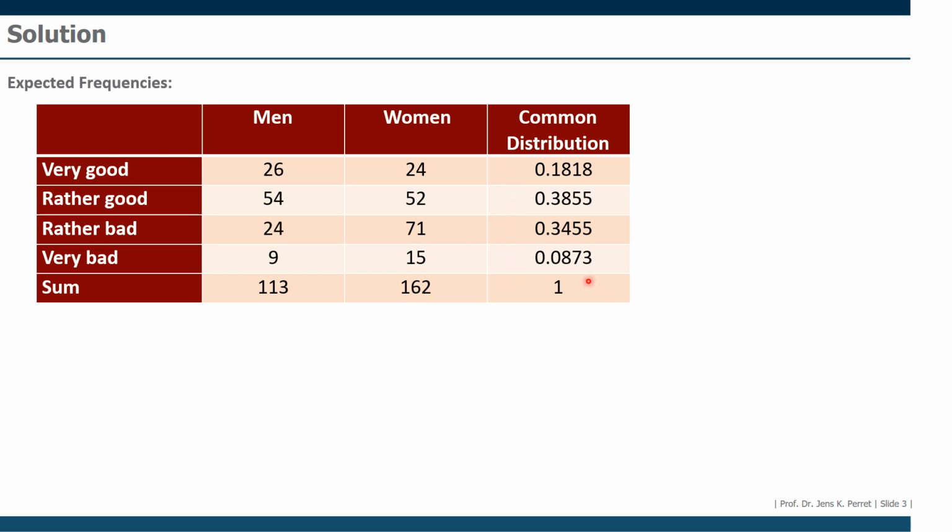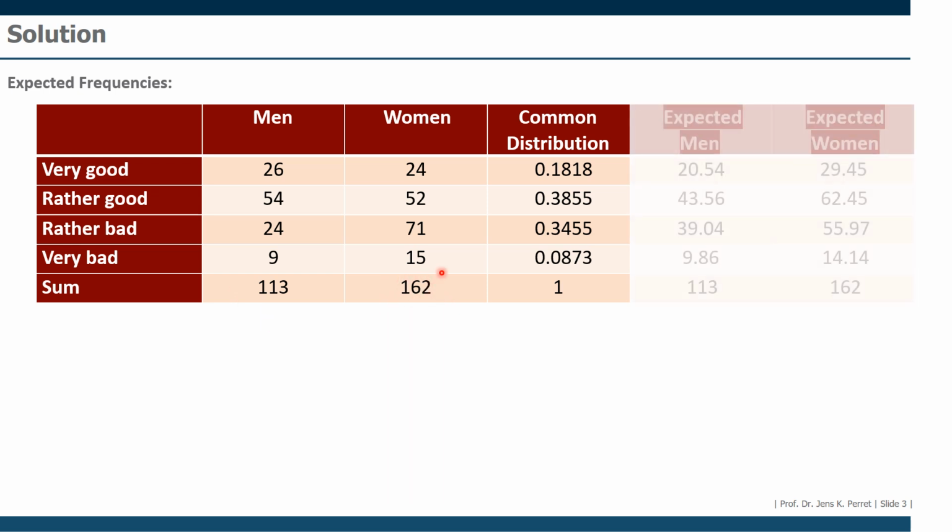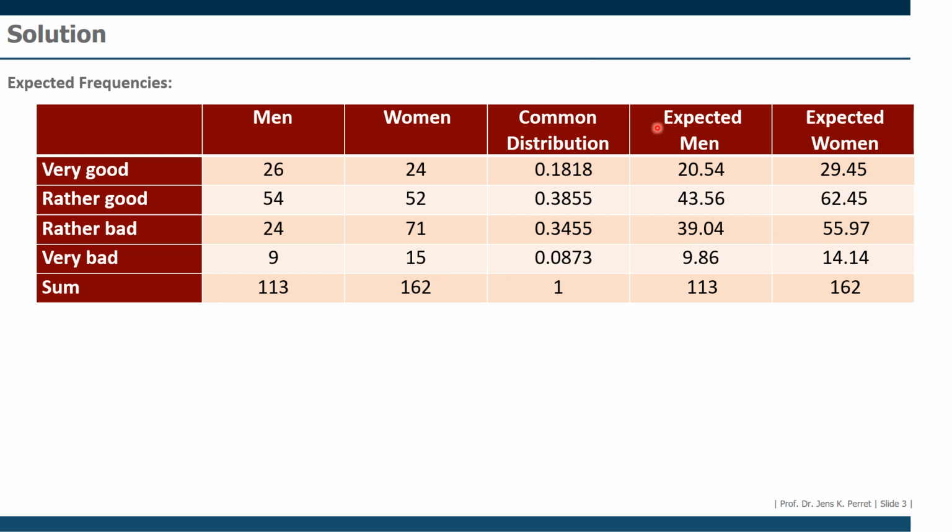And once I have done this, I'm going to multiply all these probabilities once with the overall sum for men and once with the overall sum for women, giving me then the expected frequencies for men and women. So this 20.54 results by going 0.1818 times 113. The 29.45 for women results by going 0.1818 times 162. The other ones similarly.